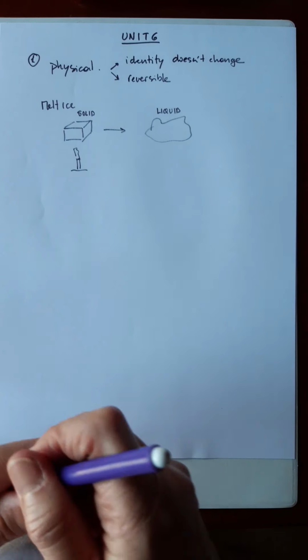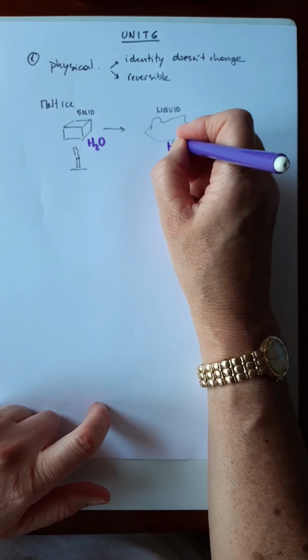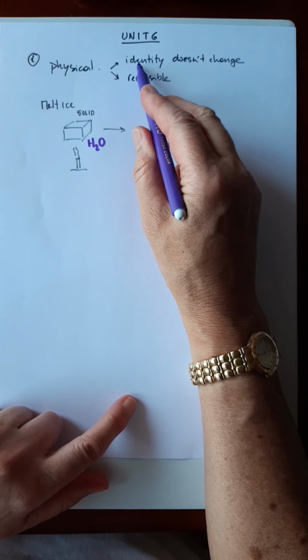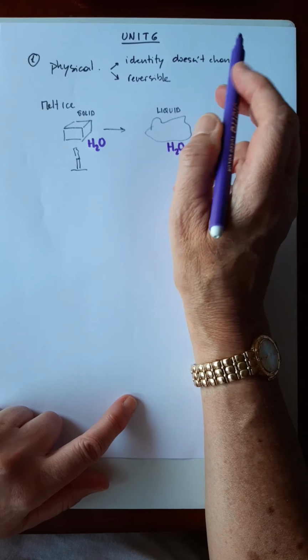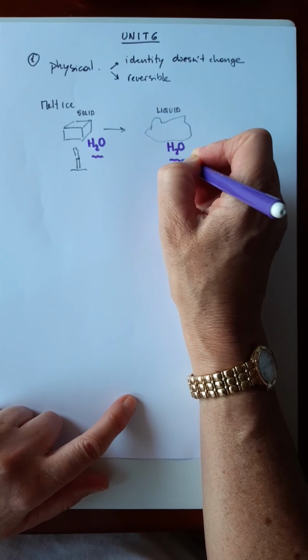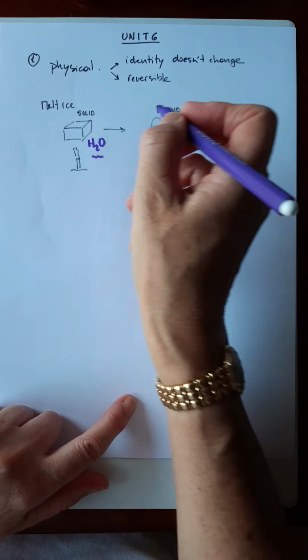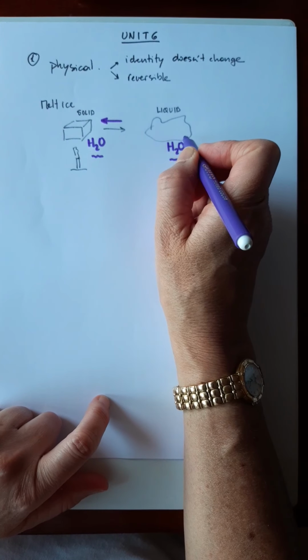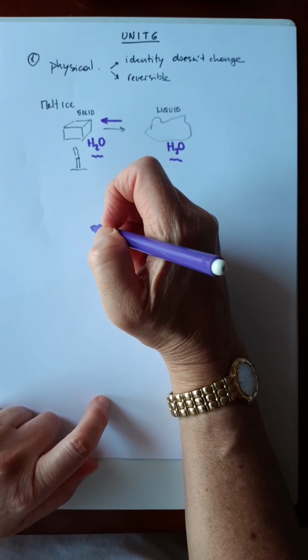The substance is water. Solid or liquid, but water. So the identity of the substance doesn't change. The formula is always water. This is a physical change. And I can go backwards because if I cool the water, the liquid water, I can get ice, solid water.